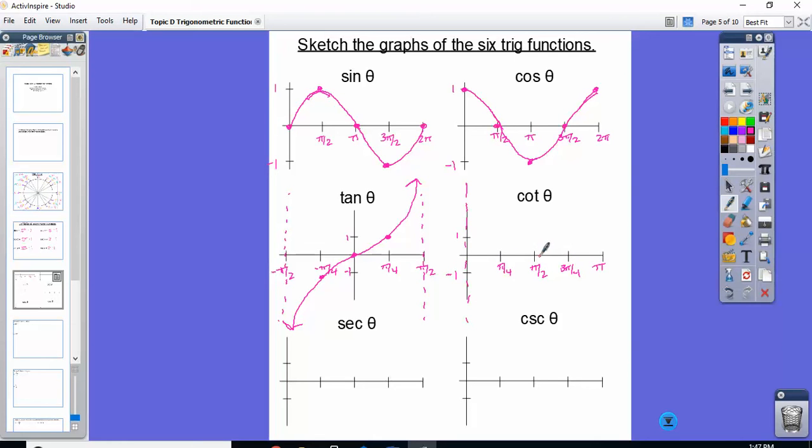Okay, at pi over 2, tangent was undefined, so that means cotangent is 0. At pi, if you do x over y, you get negative 1 over 0, which is undefined.